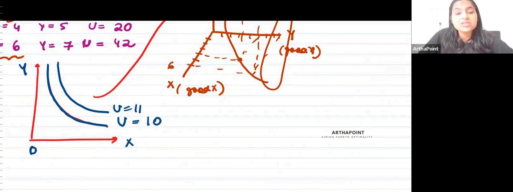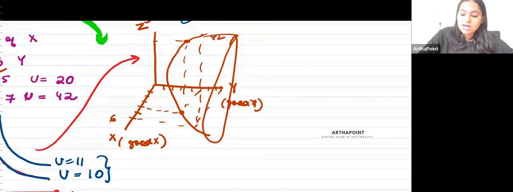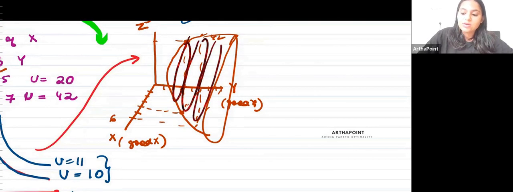That's the only reason why indifference curves are plotted in the first place, because I want to show them in a 2D diagram. These 2D diagrams are slices of the 3D diagrams, holding the z-axis constant.